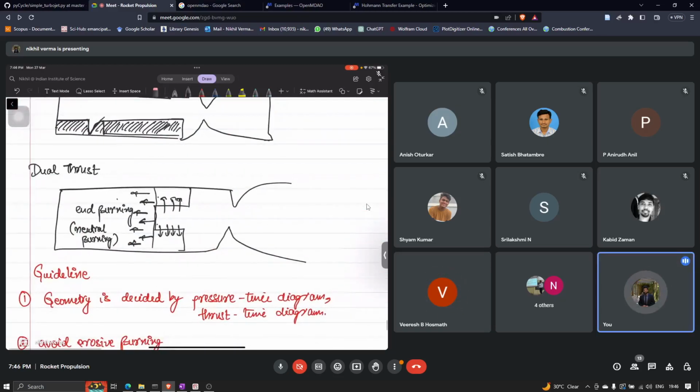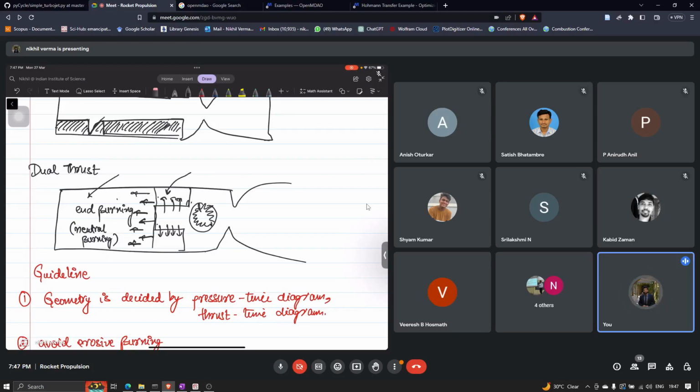So dual thrust: say initially you want a higher burning area, which in turn needs a higher pressure or higher thrust. So what you can do is have a radial burning surface, with a star grain at this part. For a certain time the thrust profile will be different because of this radially burning surface, and after some time it will become constant because of this end burning, neutral burning.